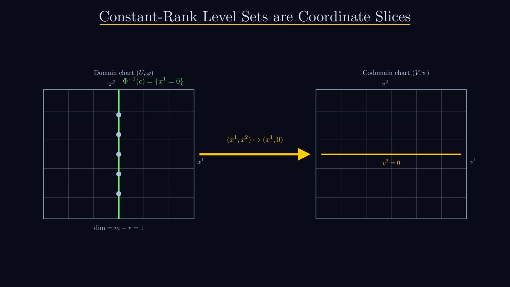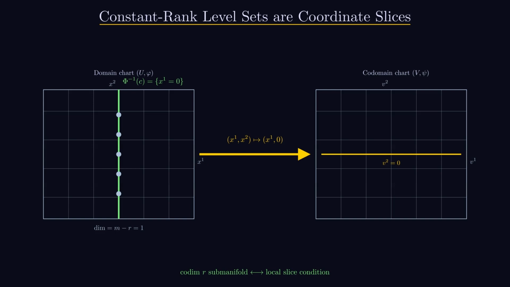The 5 dots sample points along the slice at different x2 values. In the general case with m domain dimensions and rank R, the level set has dimension m minus r, parameterized by the remaining m minus r free coordinates. This slice picture is the local slice condition, the defining property of an embedded codimension R submanifold. The theorem establishes it at every point of the level set by the same chart construction.